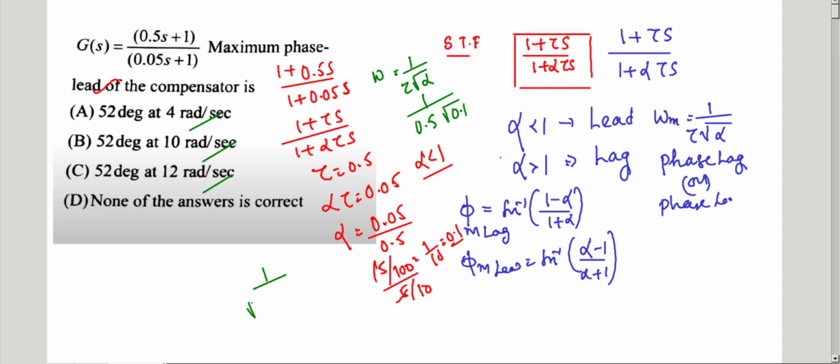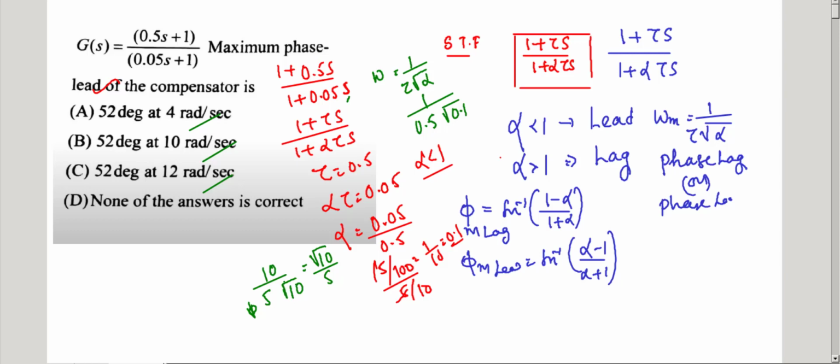So root of 10 by 5, root 10. The time constant is 0.5 and alpha tau is 0.05, so alpha equals 0.05 by 0.5, 5 cancel, 10 by 100, 1 by 10, 0.1.